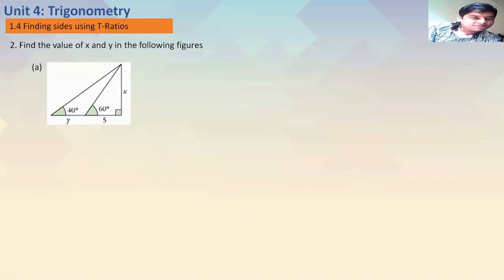So see the figure and tell me which one would you like to find first, x or y? X. X, very good. It is in the smaller triangle and the angle there is 60. You can relate perpendicular as the opposite side with adjacent side, right?